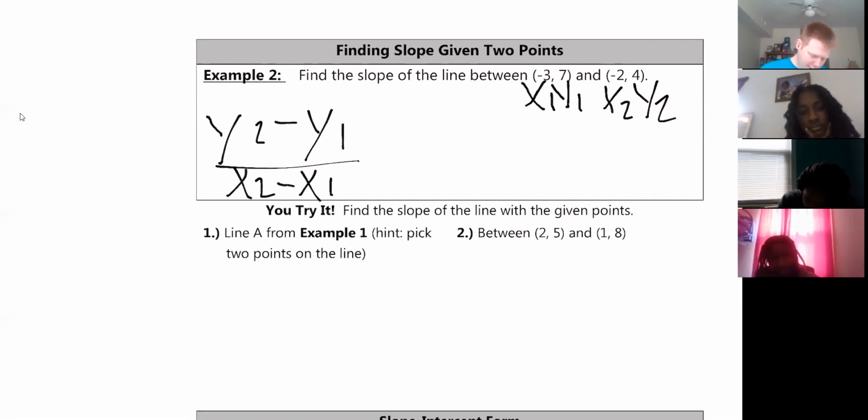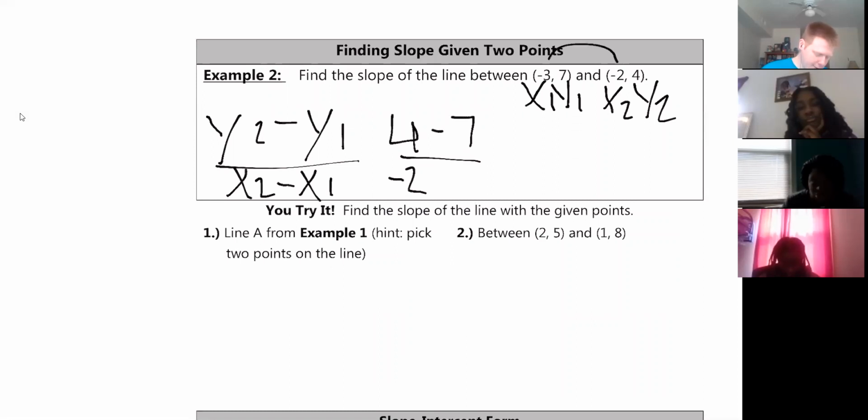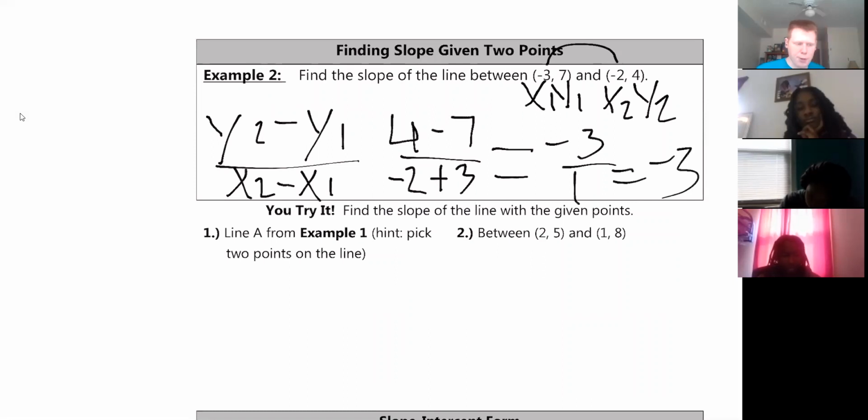If we plug in our values, or you could do it the reverse, you just have to be consistent, it would be 4 minus 7 over -2 minus -3. That would turn into a positive, +3, because minus a minus turns to a positive. So you would get -3 over 1, or -3 would be your slope.